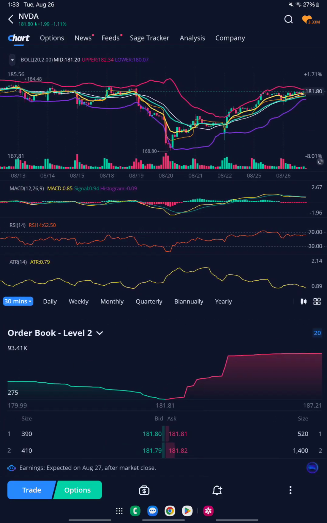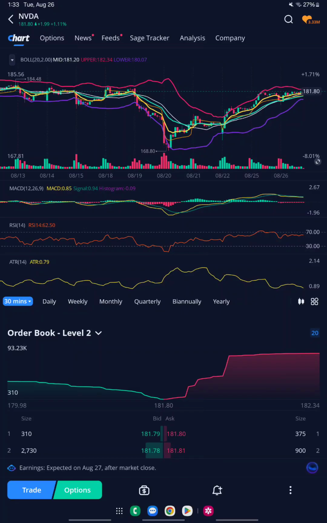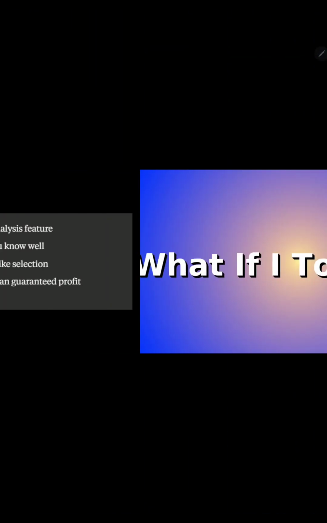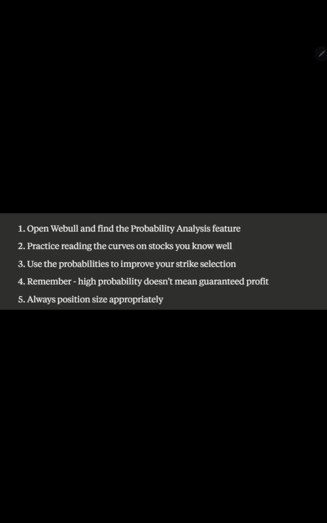Before we go, I would like to bring a summary of what we gathered here today. Your call to action, if you will: open your Webull and find the probability analysis feature, as we just said. Practice reading the curve on stocks you know well. As a matter of fact, please give me your preferred stock in the comments so that we will feature it in the next video, exactly what that probability analysis looks like for your preferred stock, so that you can feel more confident about using it.